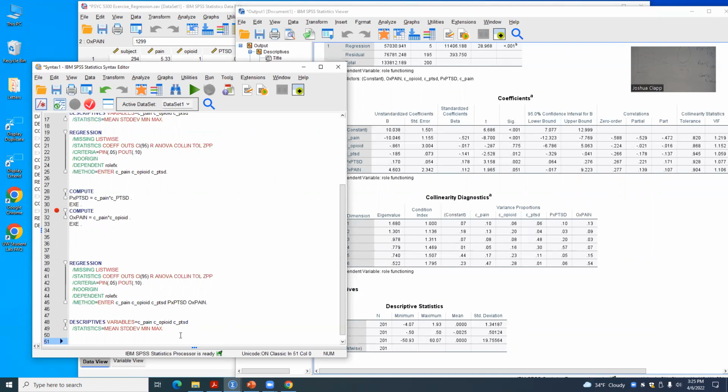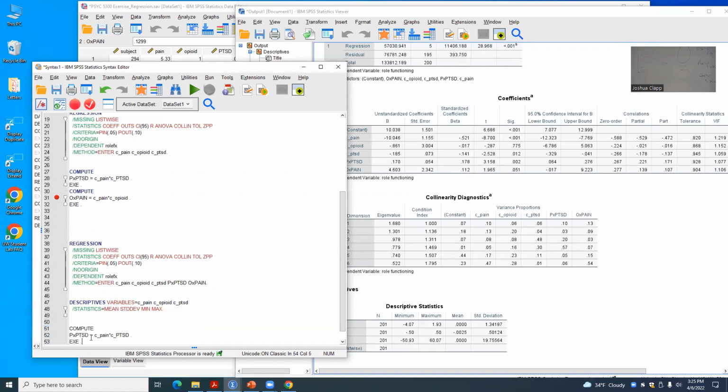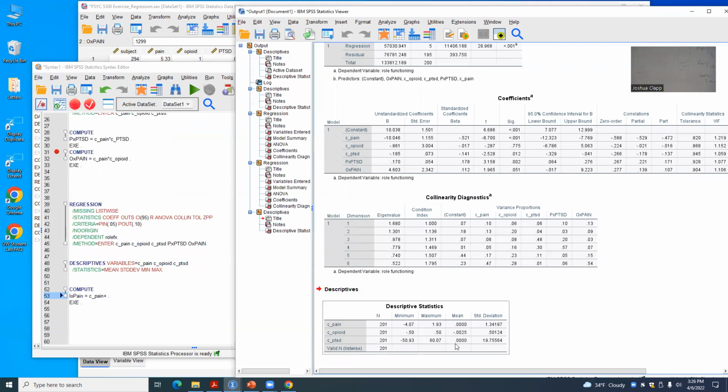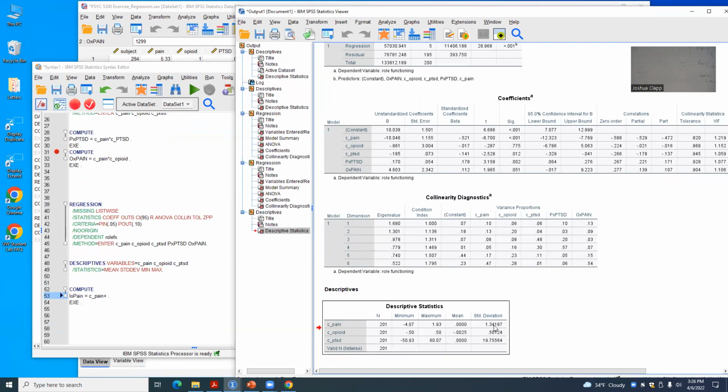So what I'm going to do is create new variables. The first is called low pain, and it's going to be centered pain plus my standard deviation for pain, which is right here.